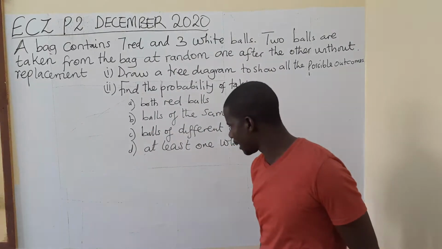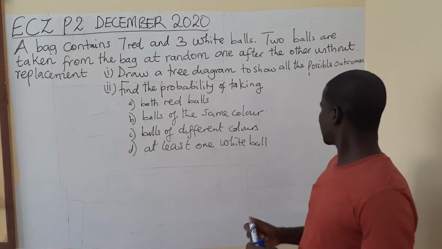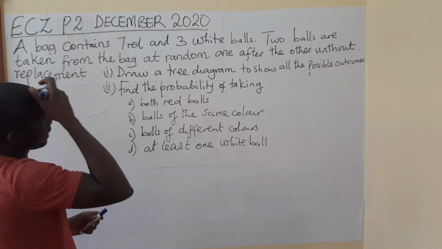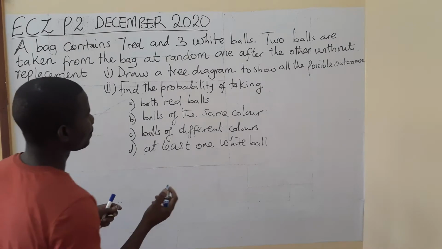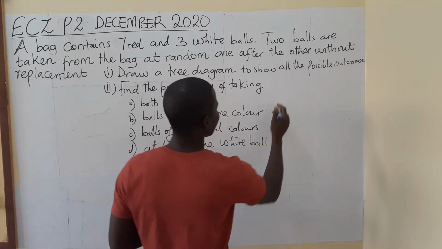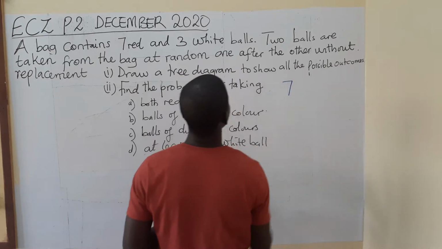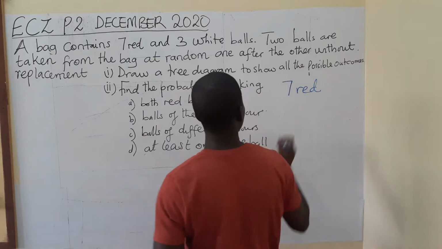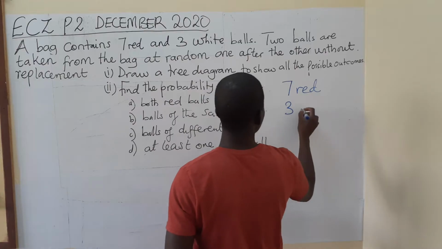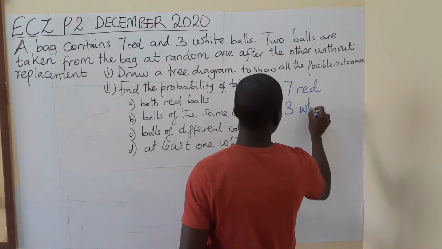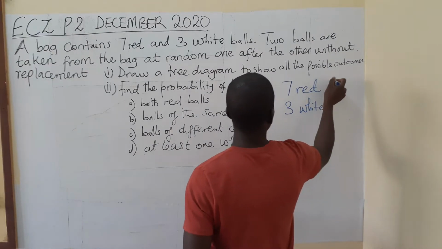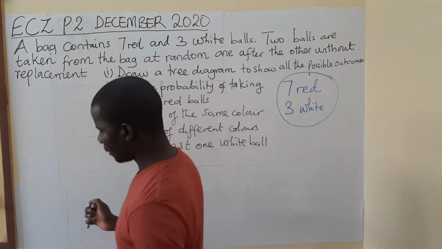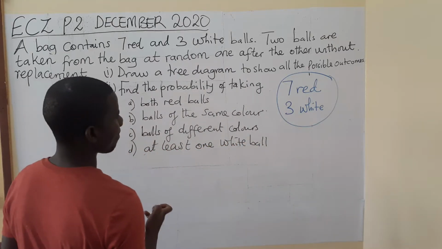So, how do we draw a tree diagram? I'm sure we must be familiar with tree diagrams. So, we have 7 red balls, and then we have 3 white balls. Alright, this is what we have, isn't it?